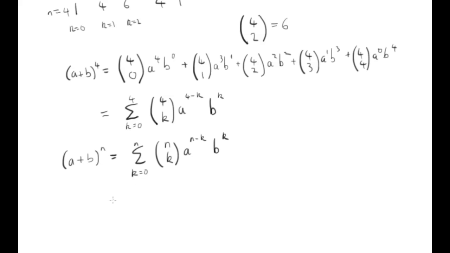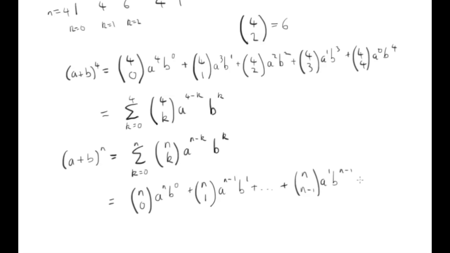Okay, if you wanted to expand out the summation, what we'd have is n choose 0, a to the power n, b to the power 0, plus n choose 1, a to the power n minus 1, b to the power 1, and so on and so forth until we get to the other end, a to the power 1, b to the power n minus 1, plus n choose n, a to the power 0, b to the power n.